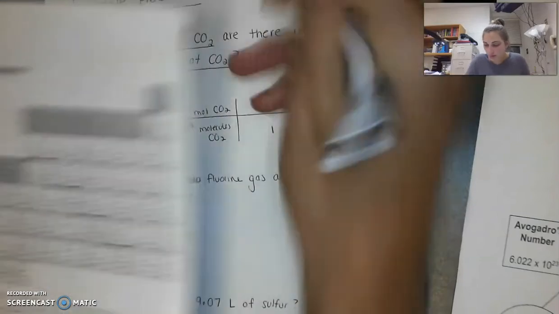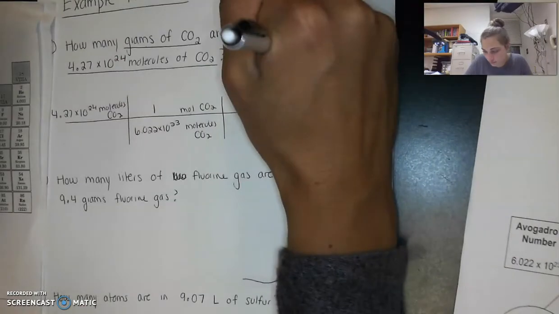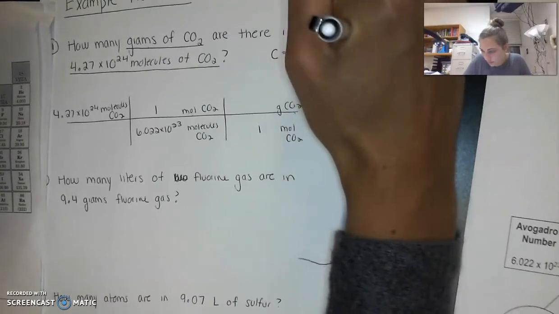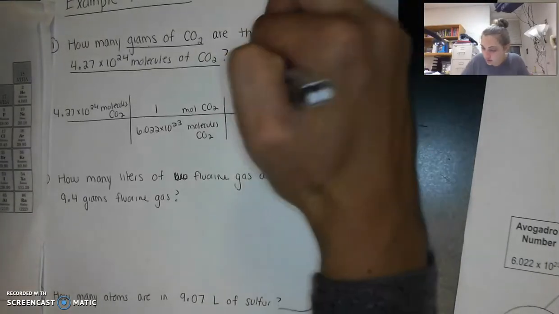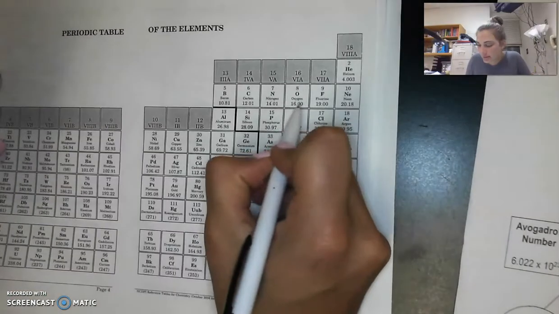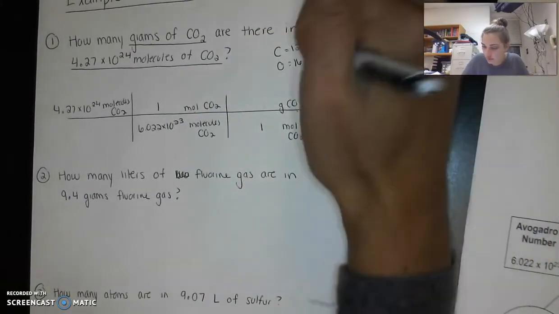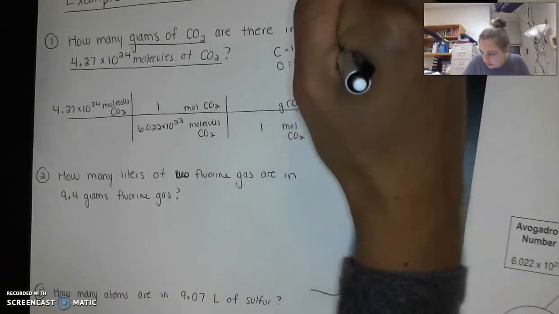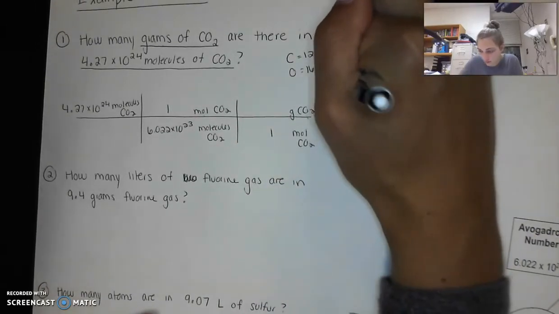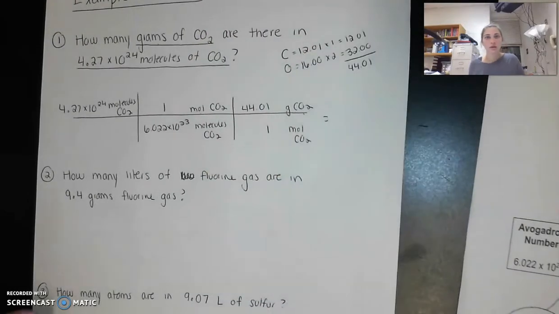For carbon, the molar mass is 12.01, and there's only one of them, so that is a total of 12.01. Oxygen is 16.00, and in CO2, there are 2 oxygens. So that comes out to 44.01. That is the molar mass of CO2.